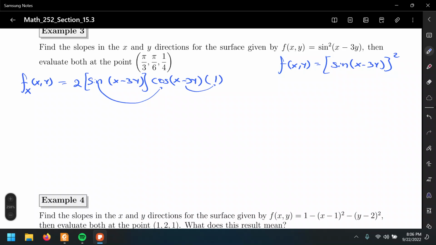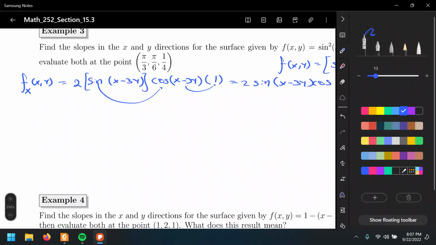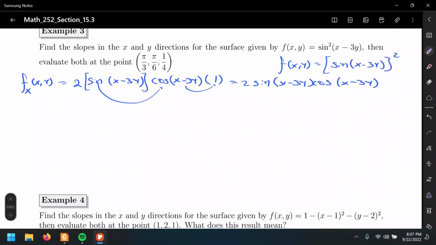All right. Let's just clean up parentheses and the like. So that's actually 2 times sine of (x minus 3y) times cosine of (x minus 3y). And no need to write that one. And you don't have to do the following. If you think of the trigonometric identities, did you notice one of them?